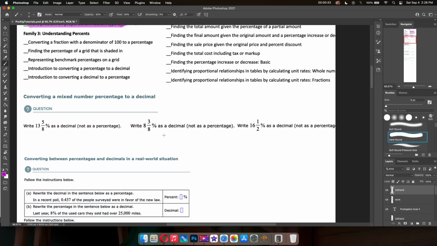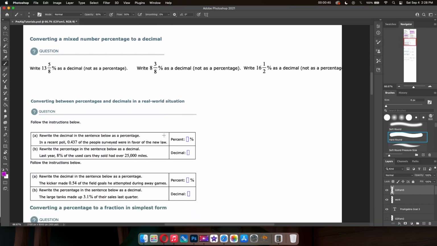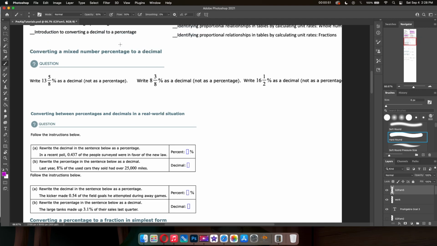Now, at the tail end of last video, we just barely started talking about converting percents to decimals and vice versa. So if you have forgotten, or it's been a while, or maybe this is your first video, a reminder: when you're going from a percent to a decimal, you are going to move your decimal point 2 spaces to the left.